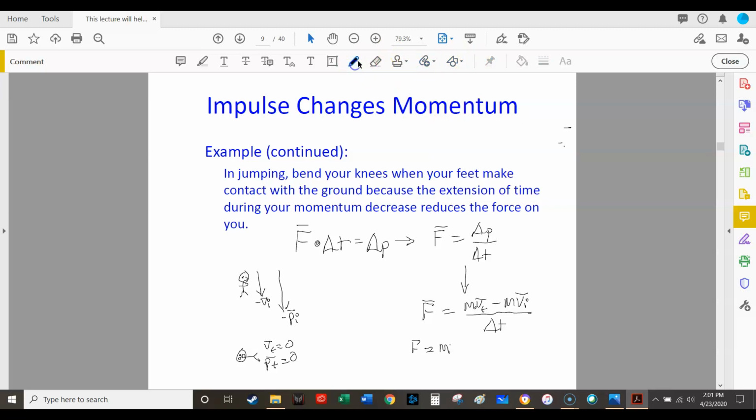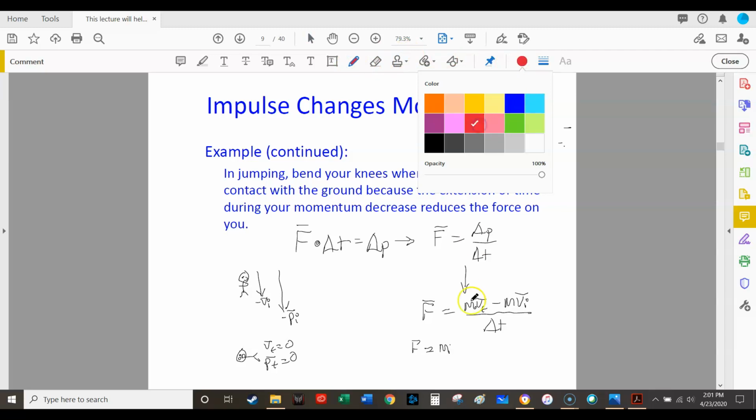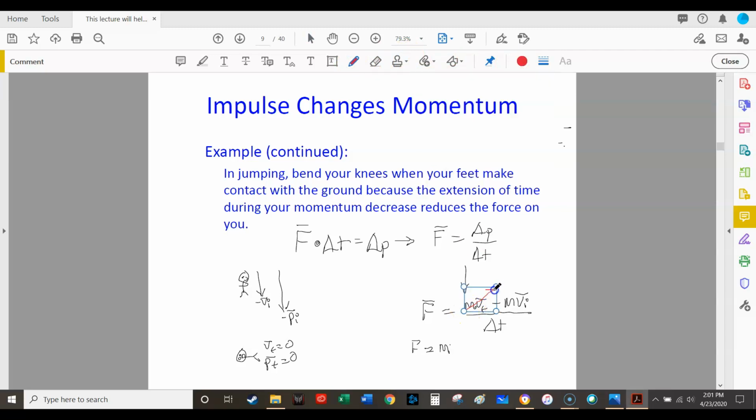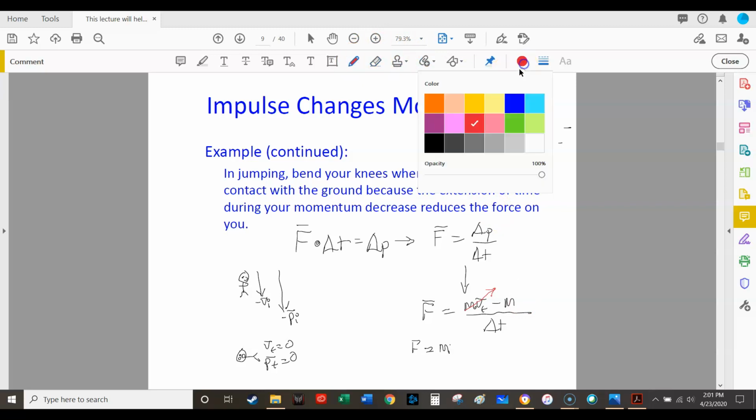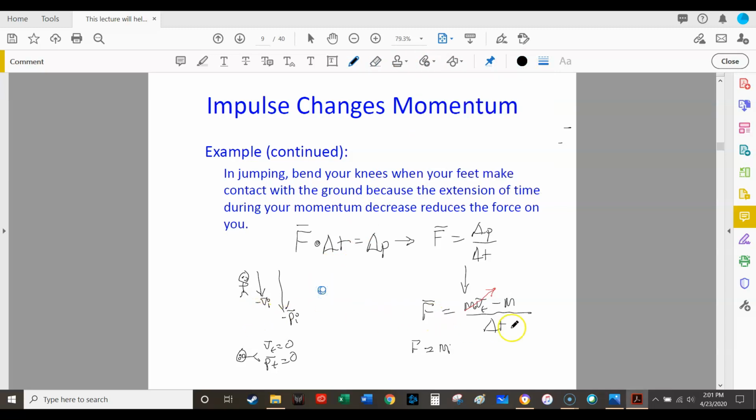Oops, I just want to change the color of that. So in this particular case, your final velocity is 0, and your initial velocity is negative, right? So I'm going to do some erasing here too. I'm going to use a black pen. And your initial velocity is negative, right?